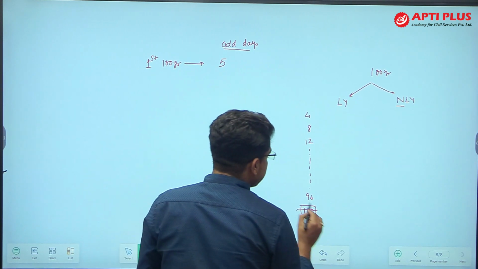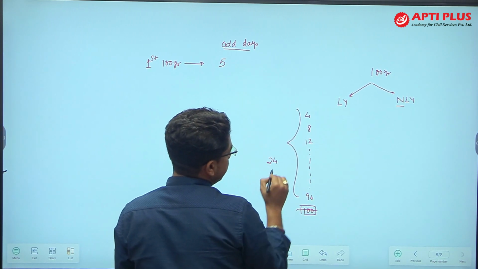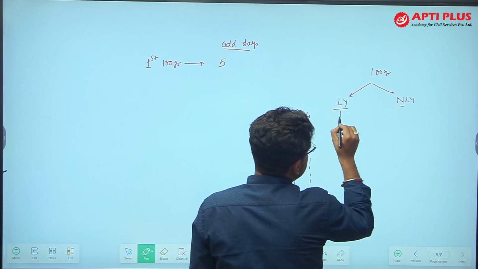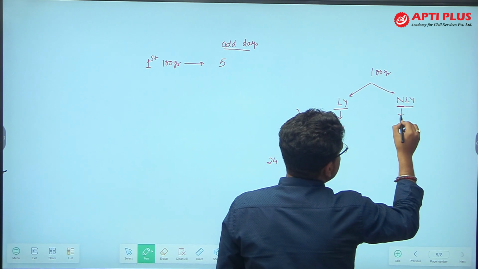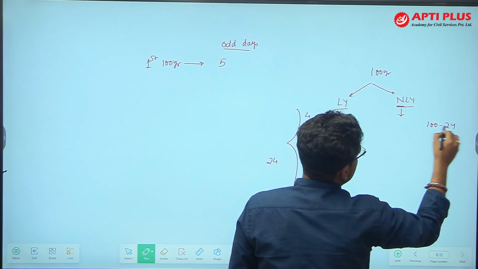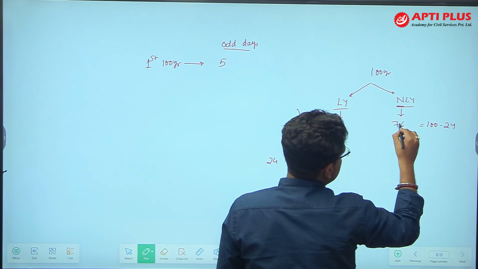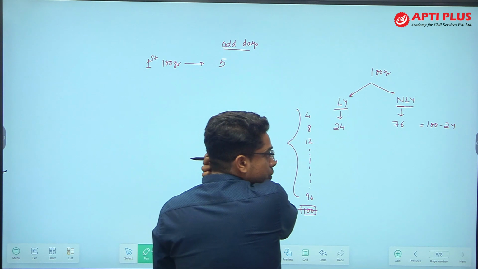So, when we calculate the number of leap years from 4 to 96, I will get 24 leap years. So, I will write down here that the number of leap years is 24 and the number of non-leap years will be 100 minus 24, which is equal to 76. Now, we also discussed that each leap year has 2 odd days.